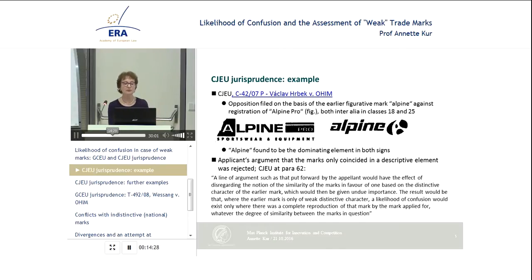So here you see a number of other cases where the same sort of argument is simply reiterated by the court. As you know, the court very often proceeds by some sort of cut and paste technique, and the phrases that I have pointed you to about the distinctiveness of marks just being one element in the overall assessment, etc., appear in a lot of other cases as well.